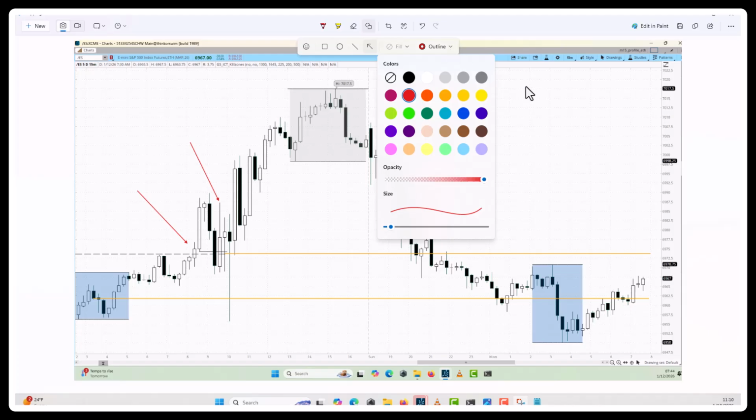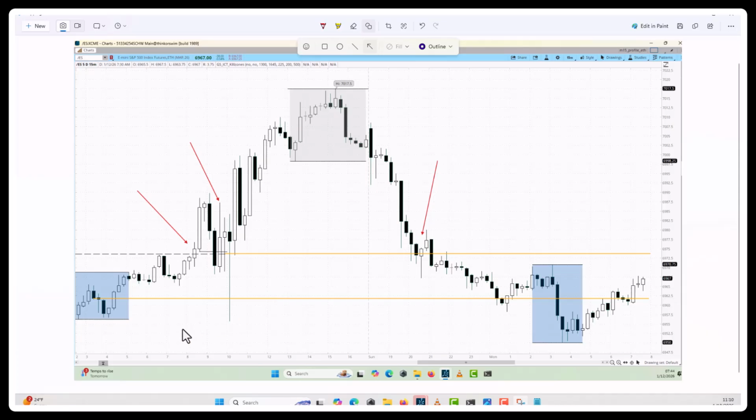Yeah, let's do a color right here. How about this color? Yes. So that is the Dow close 1, 2, 3. So basically you have equal right there.